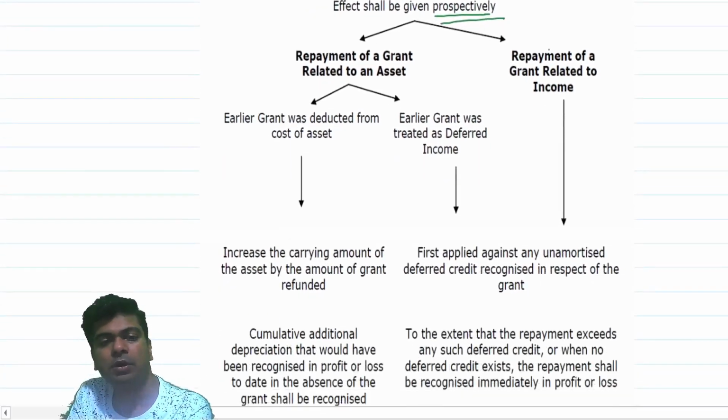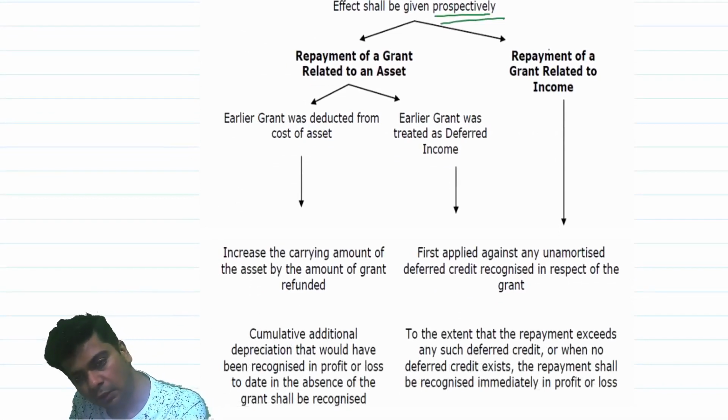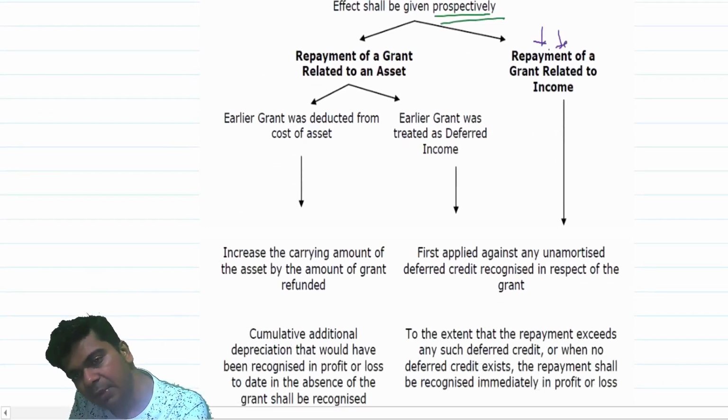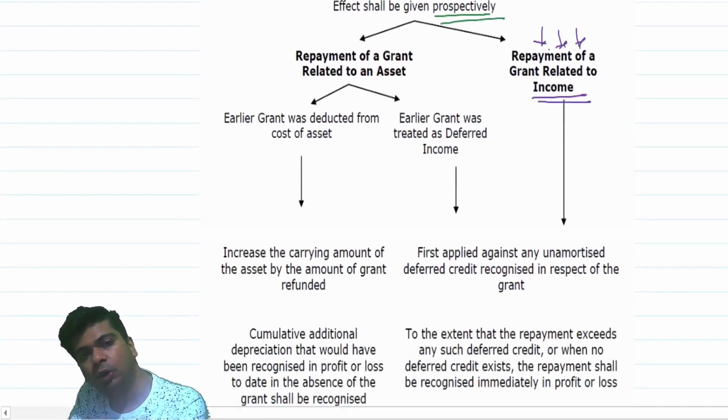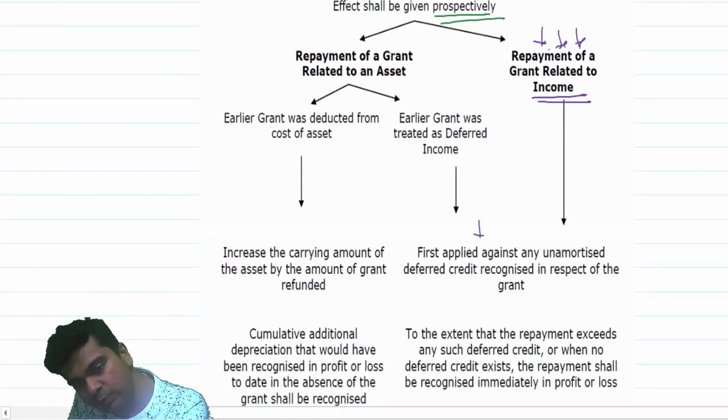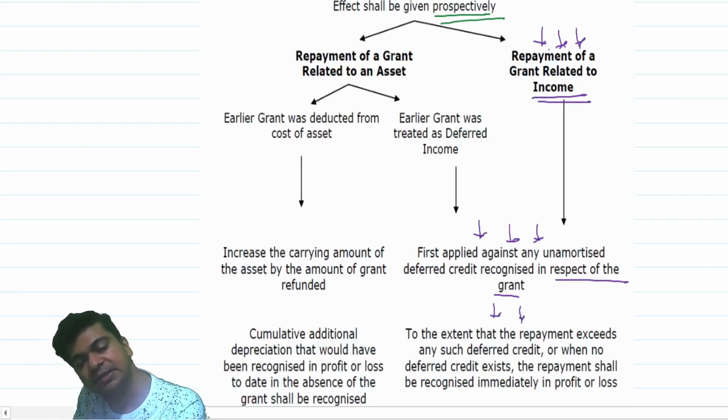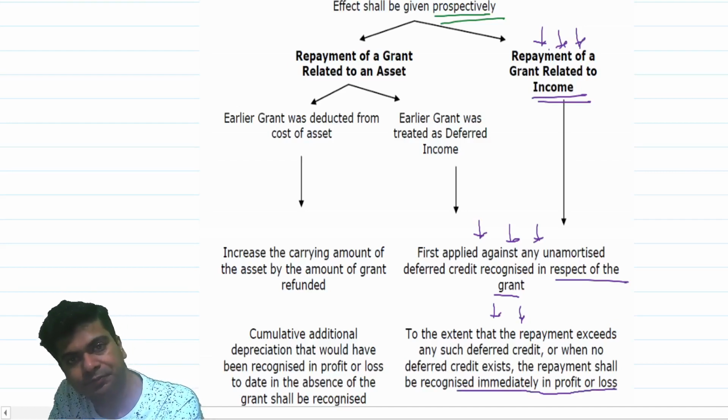What is important is this accounting treatment. Repayment of a government grant related to income should be first applied against any unamortized deferred credit recognized in respect of the grant. And to the extent that the repayment exceeds any such deferred credit, or when no deferred credit exists, the repayment will be recognized immediately in profit or loss.